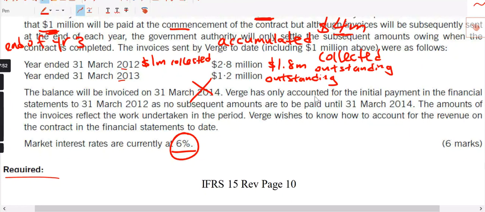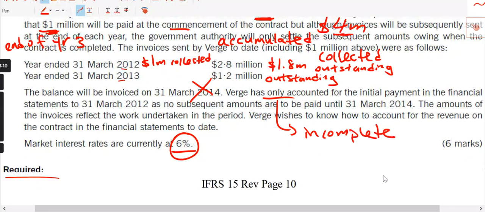Which has only accounted for the initial payment in the financial statement to 2012 because there's no subsequent amount to be paid until March 2014. Now, only accounted for is wrong. Okay, so this is incomplete.